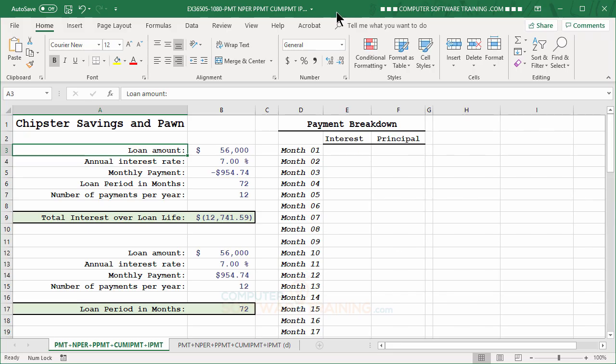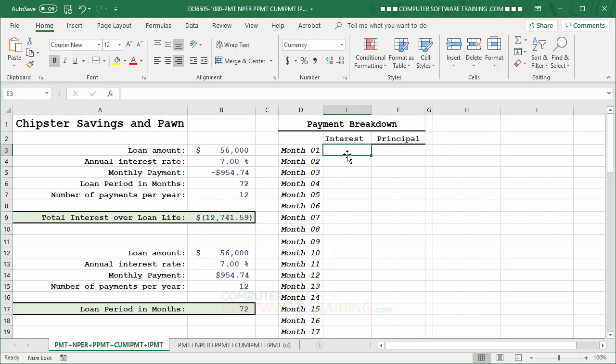So we have functions called IPMT and PPMT. The IPMT will figure out how much interest you're paying on a period over period basis as you progress, and how much of it is principal as the loan progresses. Pretty cool.